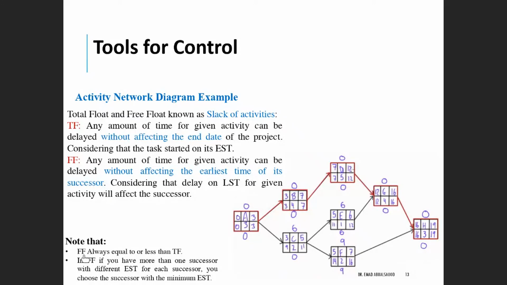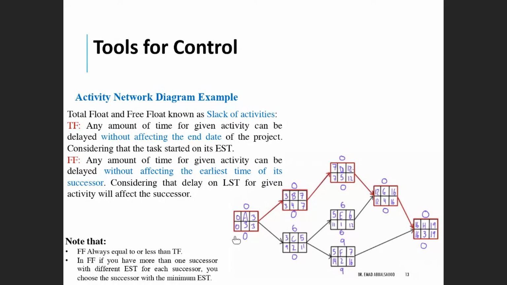The free float is always equal to or less than the total float. Meaning, if the total float is already calculated as zero, you don't have to calculate the free float, and it will be equal to zero, because it will be either zero or below zero, which is zero in our case.